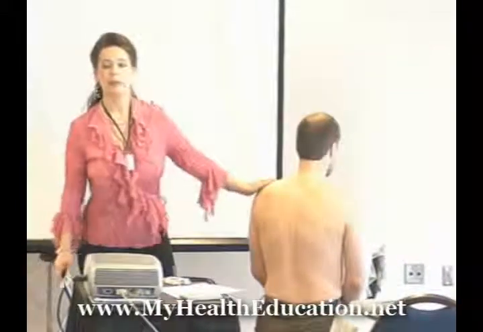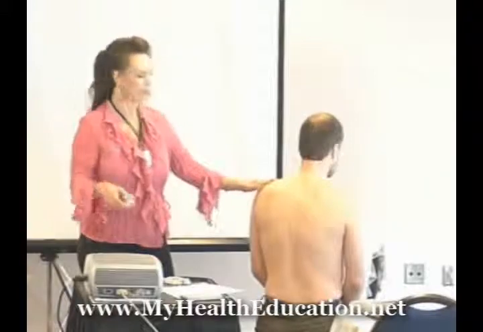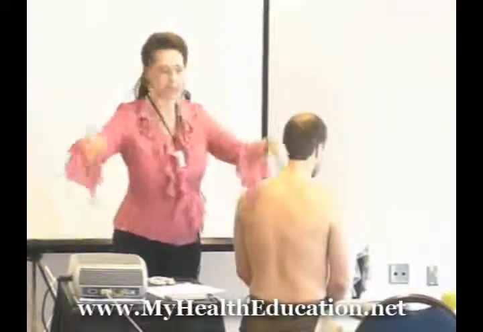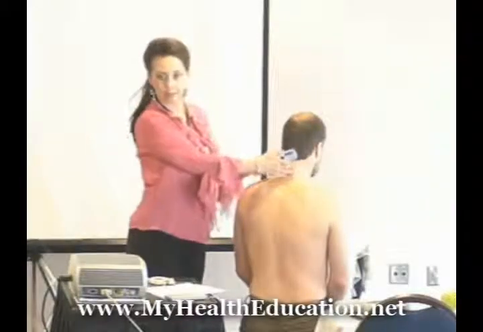So what we're going to do is work what we call the Christmas tree technique with the scanner. A Christmas tree has a trunk and branches. So we will imagine that our central line, our spine, is the trunk of a Christmas tree, and our muscles around are branches.